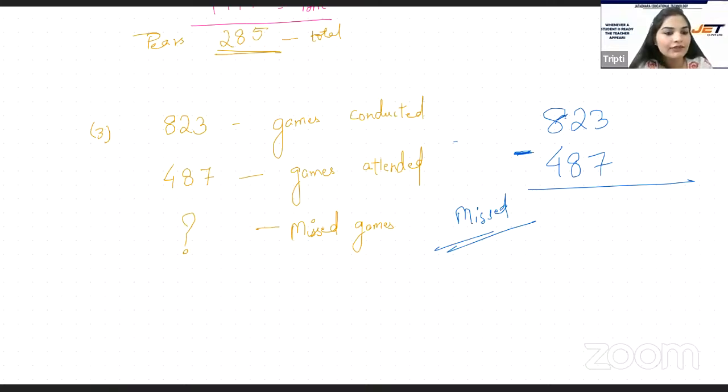823 minus 487. Over here, 3 minus 7 is not possible because 3 is smaller than 7. So 3 will become 13 as it takes help from 2. 2 will become 1. 13 minus 7 is 6. 1 minus 8 again is not possible, so 1 has to take help from 8. 8 will become 7 and 1 will become 11. 11 minus 8 is 3, and 7 minus 4 is 3.